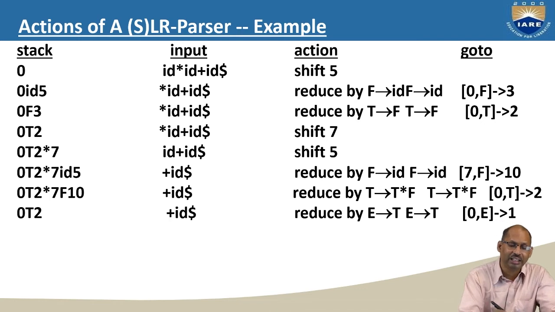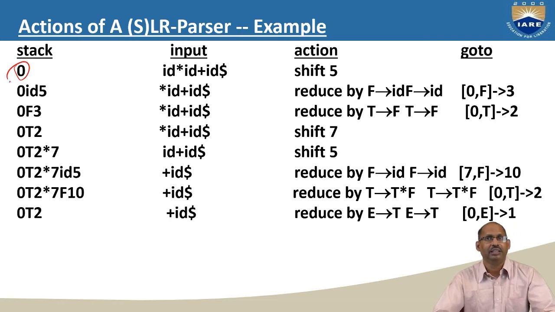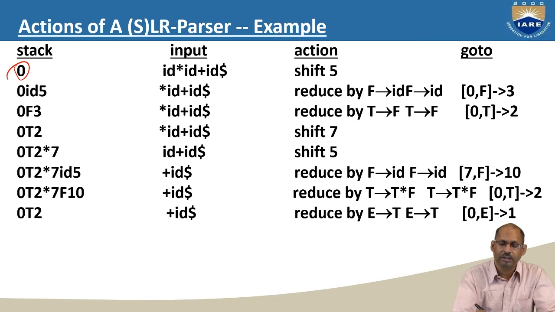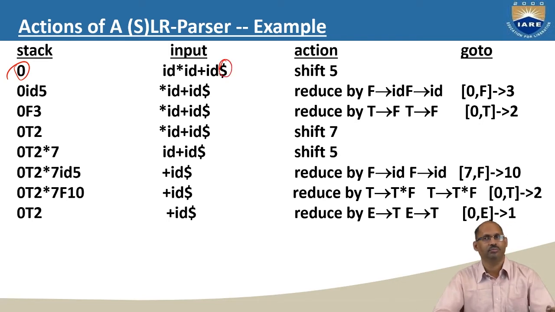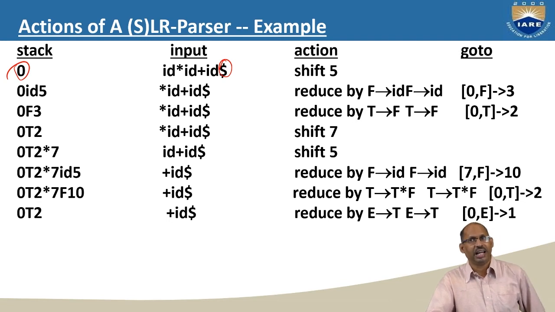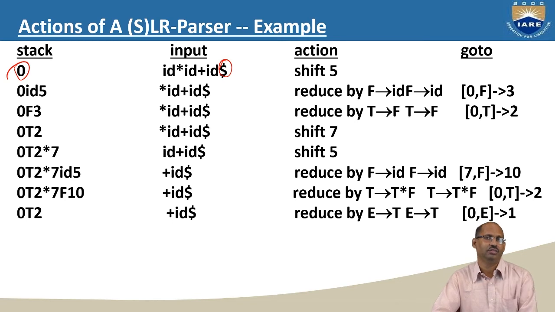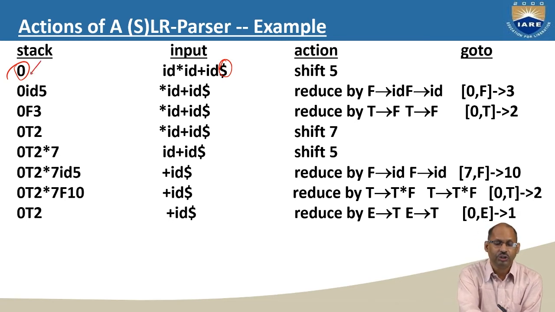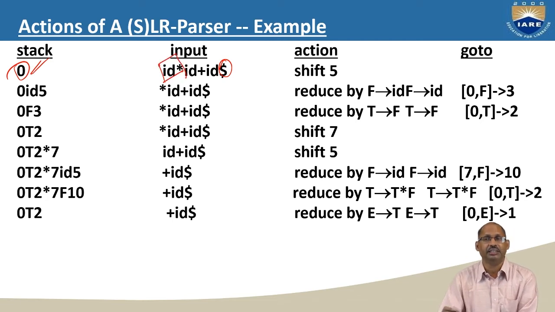Always the stack starts with the initial state 0, and the input string ends with the $ sign. The stack is with 0. Now, 0 and id is looked up in the table.